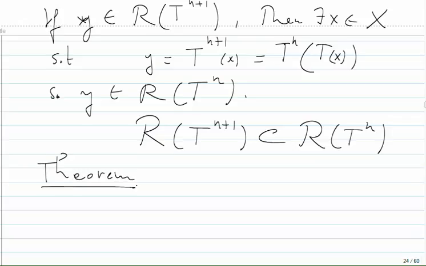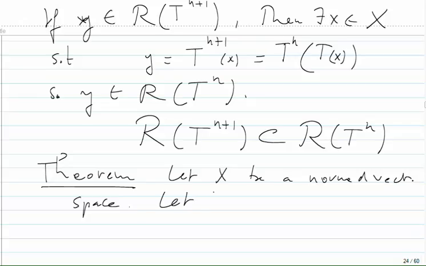Let X be a normed vector space. Let A be a compact operator. Then, number one. Before that, let's take lambda not equal to 0.